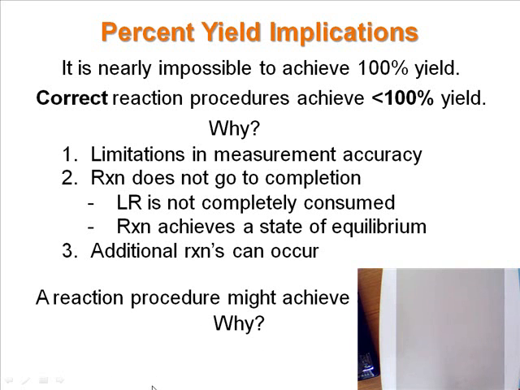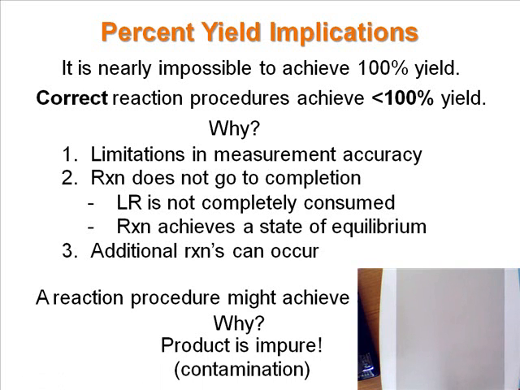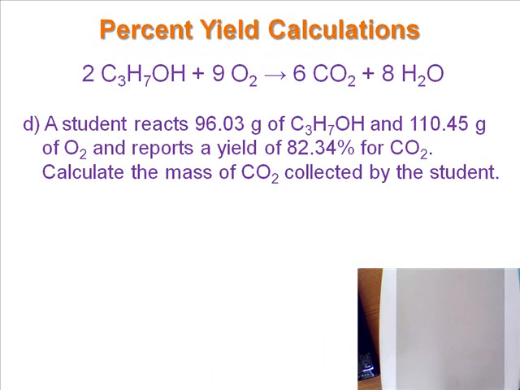And sometimes it might go beyond 100%. How is that possible? You simply have impurity or contamination going on. So you should never get more than 100% because you cannot get more than the limiter, but sometimes it does happen. Now let's run some calculations of percentage yield.